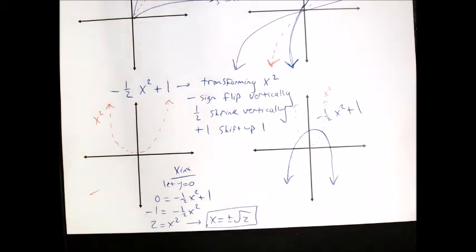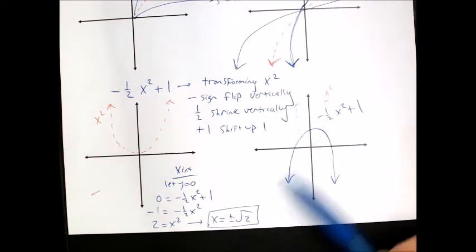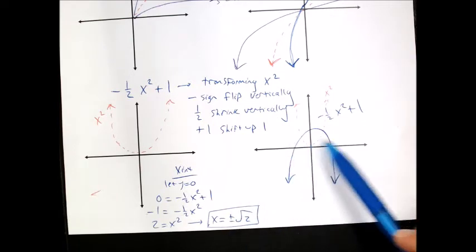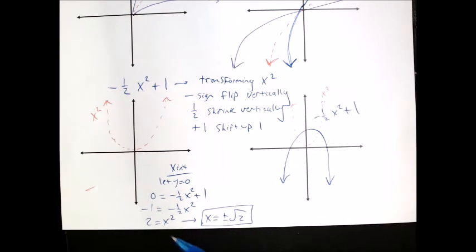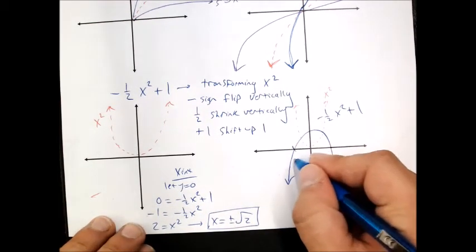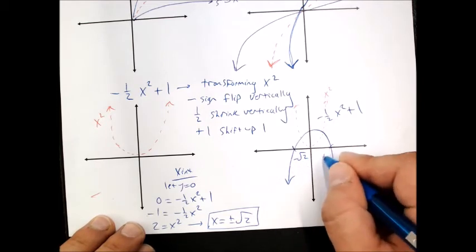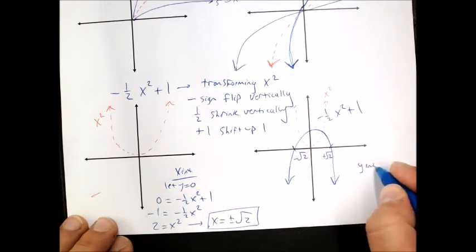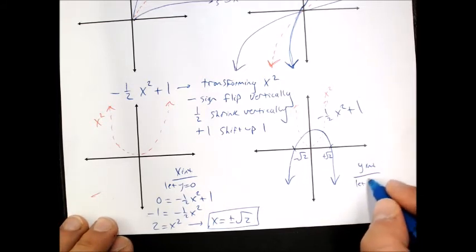And again, drawing the graph is a good way to make sure that you remember to do plus or minus. If you draw the graph and then you only get one answer, you should think, well, I need 2 answers. And that might help you realize that when you take the square root, you get 2 answers, right? And so this is at minus square root of 2 and positive square root of 2. And then for the y-intercept, you let x equal 0.